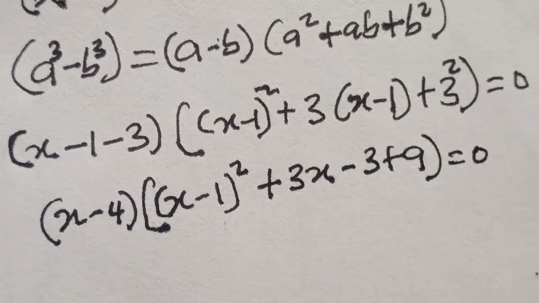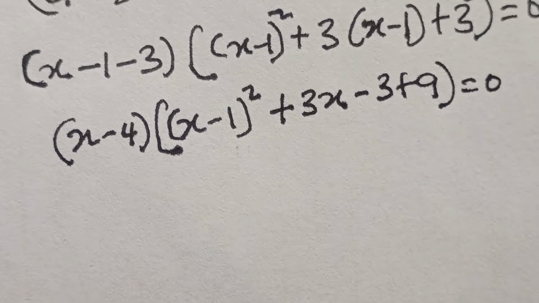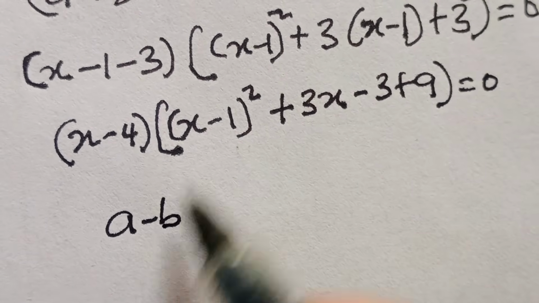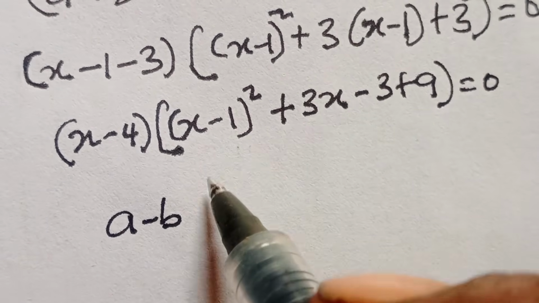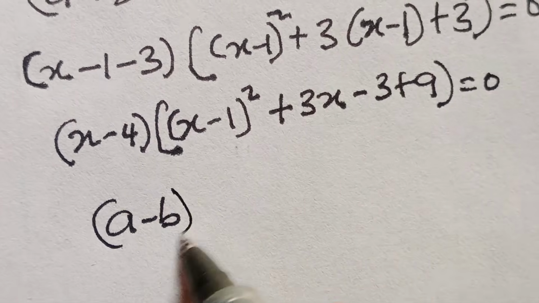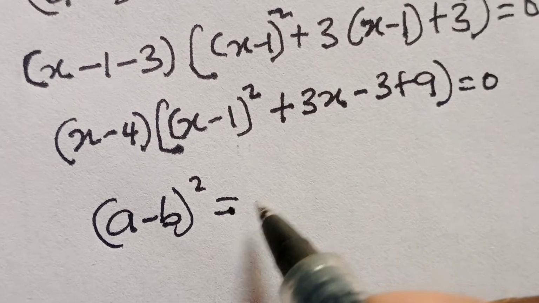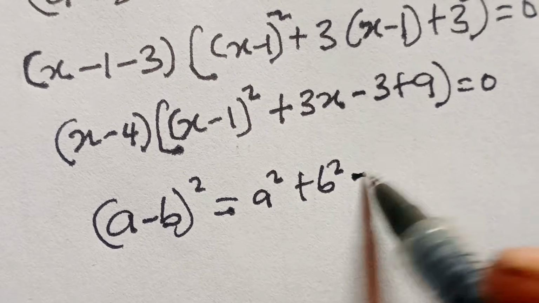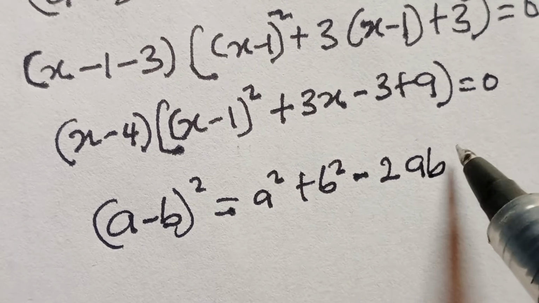If you expand a minus b squared, that gives a squared plus b squared minus 2ab.